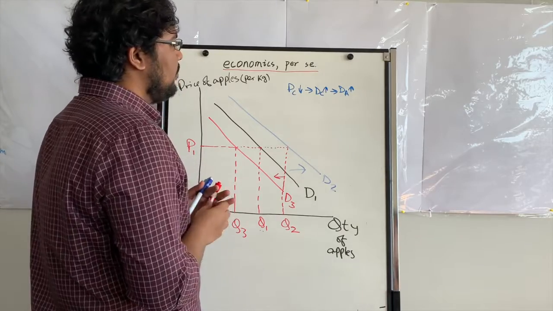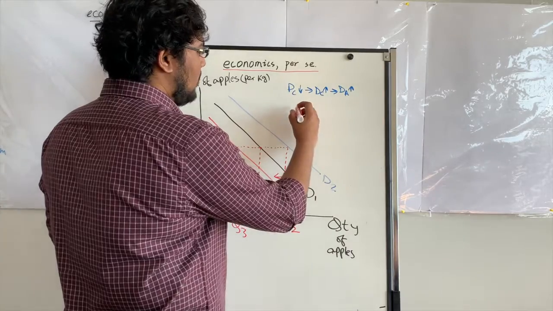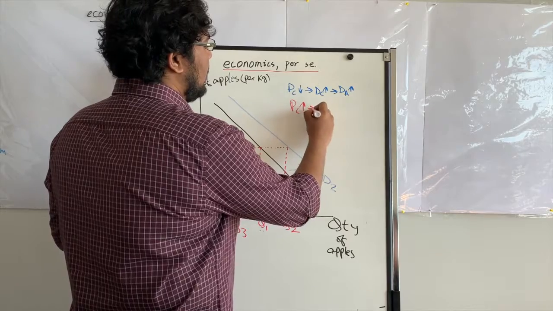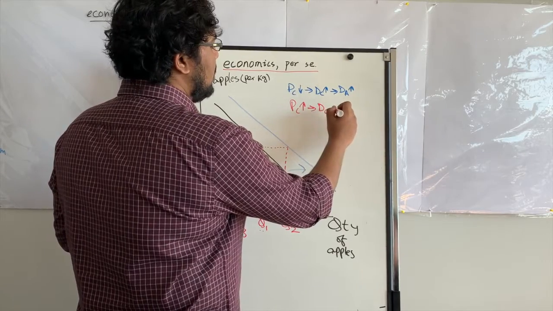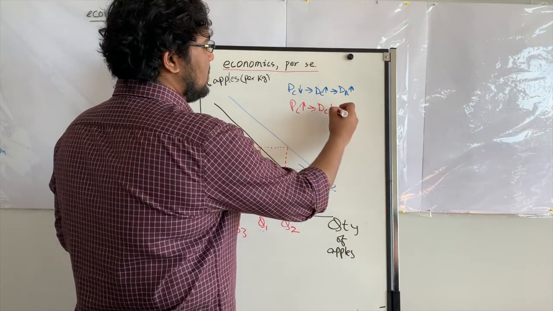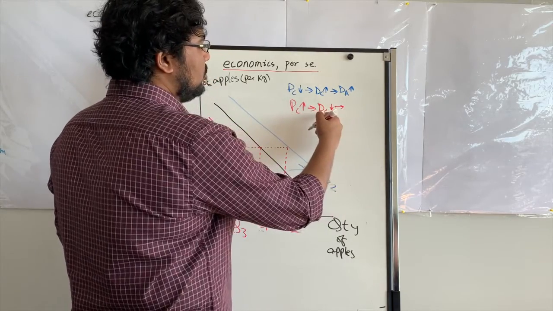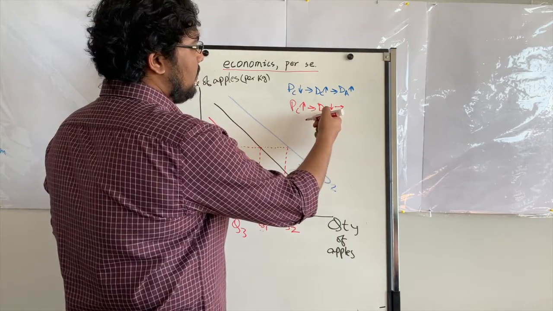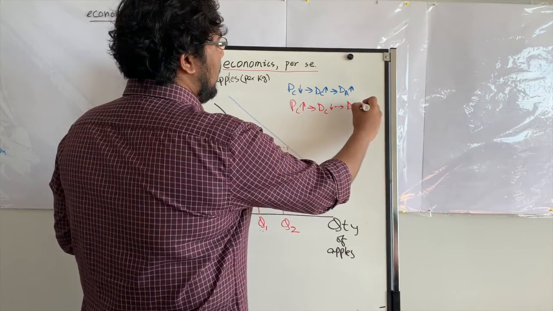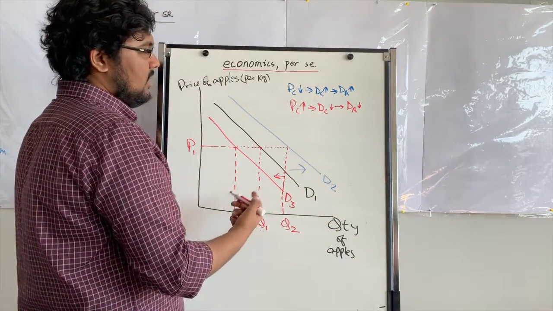And now let's say the price of chocolates, or the price of complements for apple, increased. Then the demand for chocolate will decrease. Again, as the law of demand suggests, the decrease in the demand for chocolate will in turn decrease the demand for apples. And again, this leftward shift will take place as it did before.